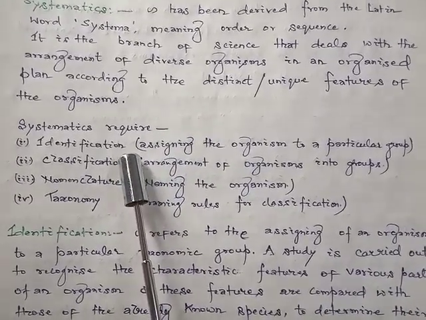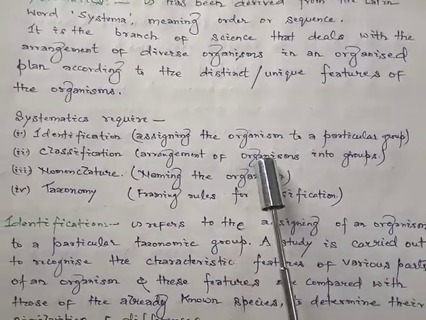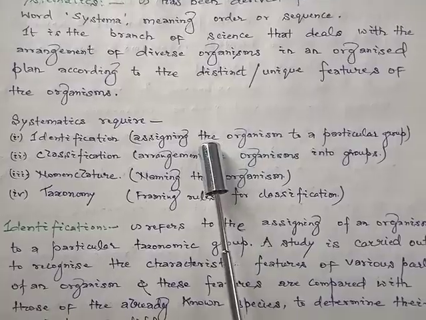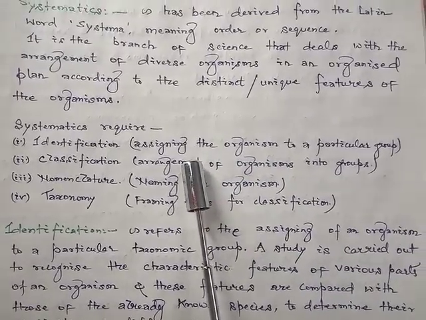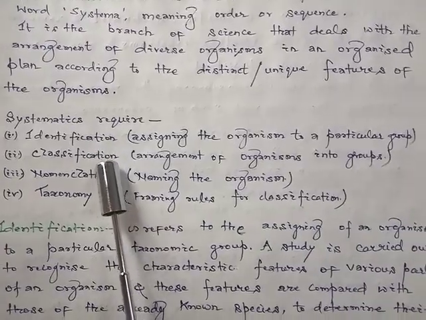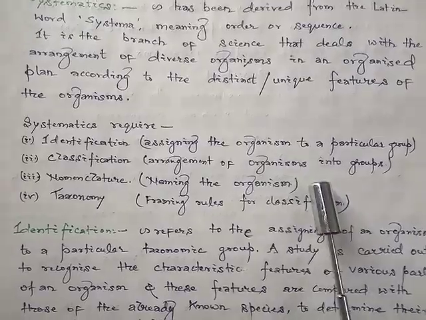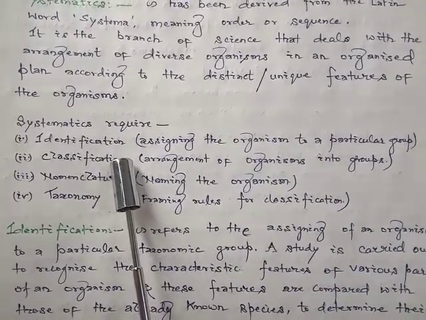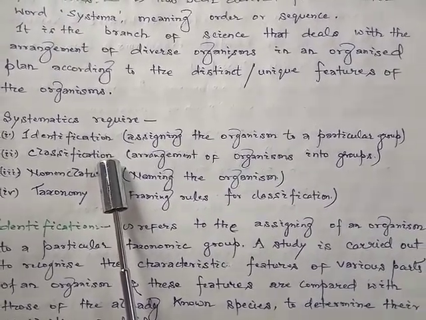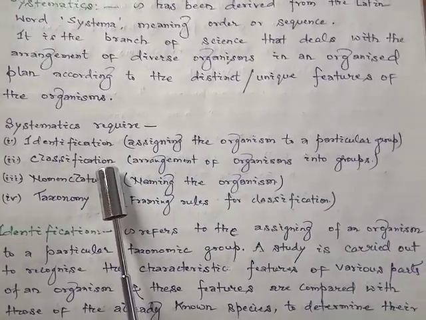It requires identification, meaning assigning the organism to a particular group. Second, it includes classification, that is arrangement of organisms into groups, meaning the individual living being has been classified or arranged in which group.